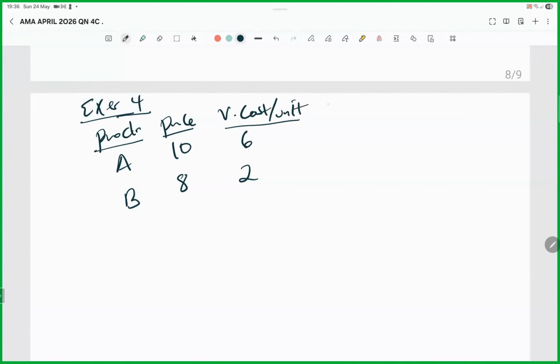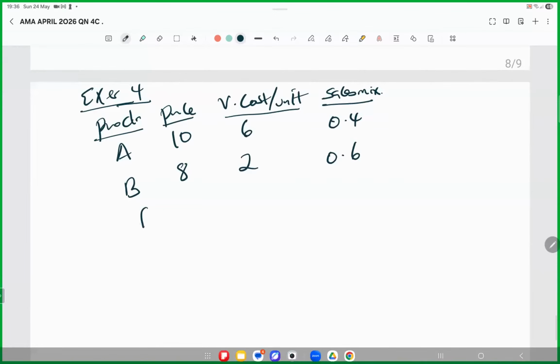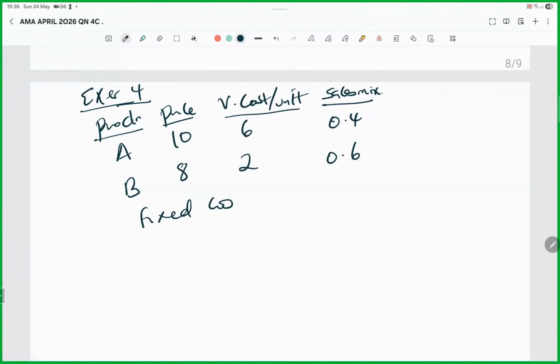They have given me what we call the sales mix, 0.4 and 0.6. And then we are given the fixed cost of the firm. Fixed cost of the firm is 1 million, the whole firm which is making those two products.